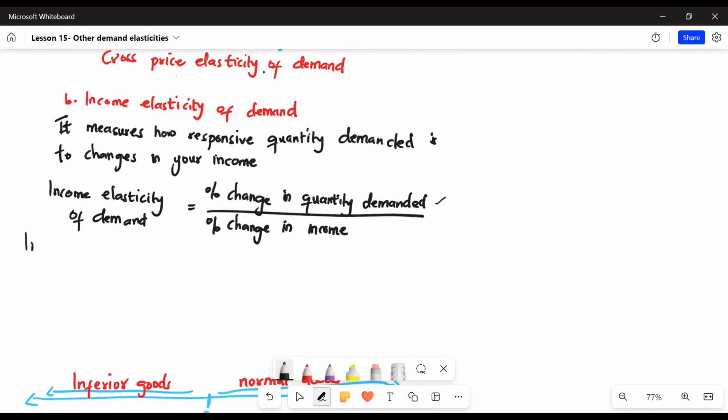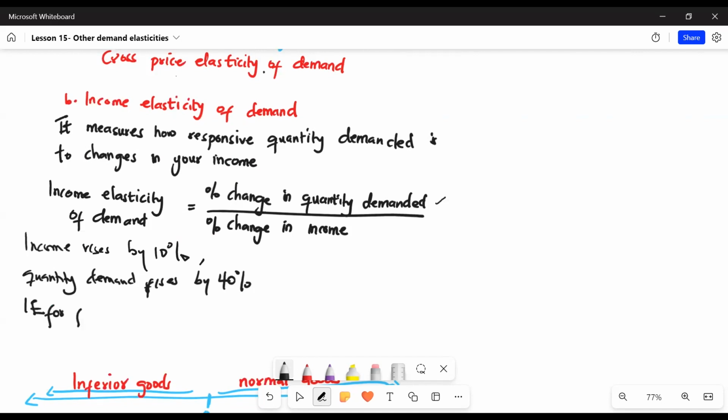For instance, if your income rises by 10% and quantity demanded rises by 40%, assuming this is good X, then the income elasticity for good X is 40%, which is your percentage change in quantity demanded, divided by 10%, which is your percentage change in income. In this case it is 4.